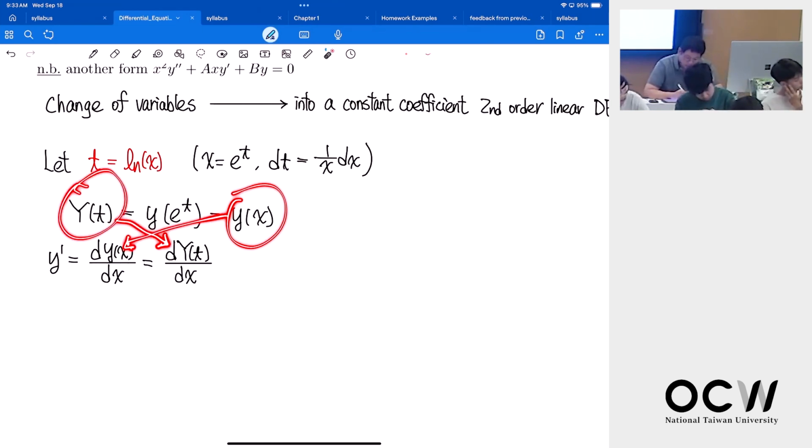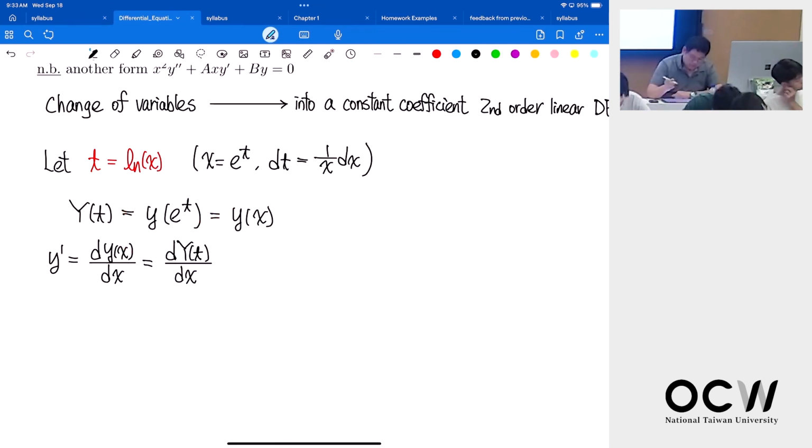Doing the chain rule, dY over dt times dt over dx. In this case I have capital Y prime times 1 over x.